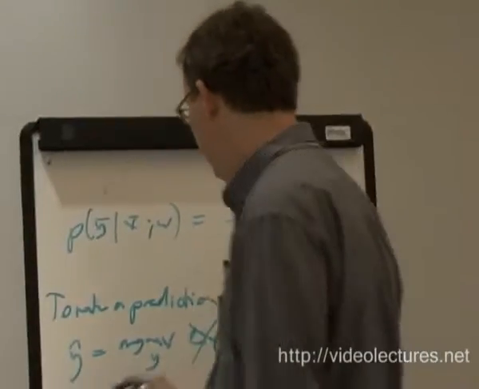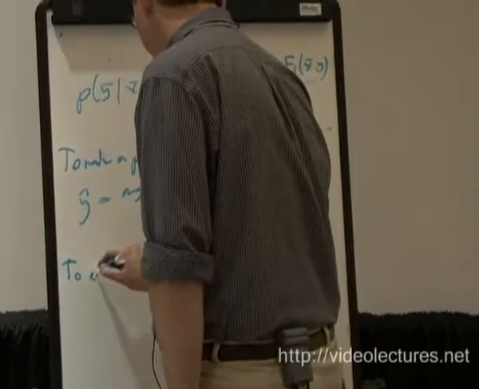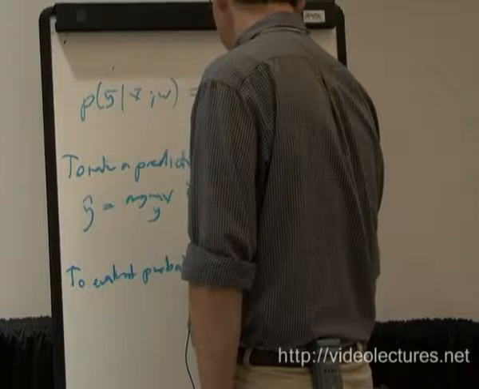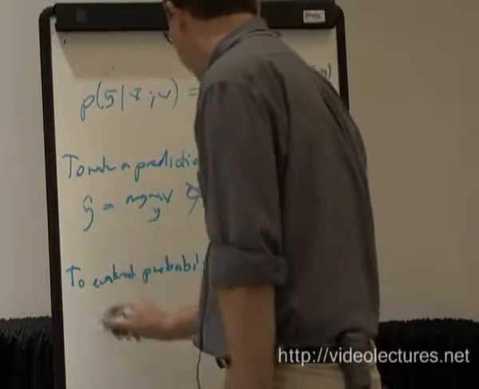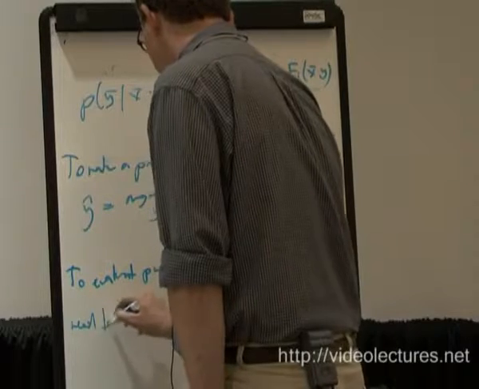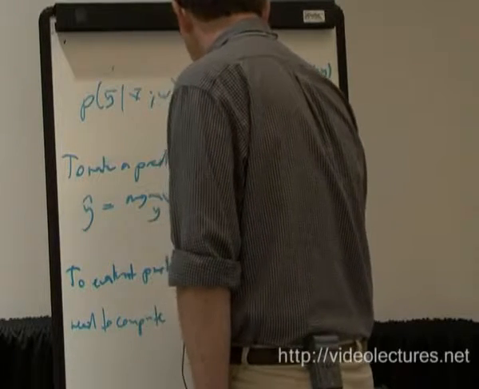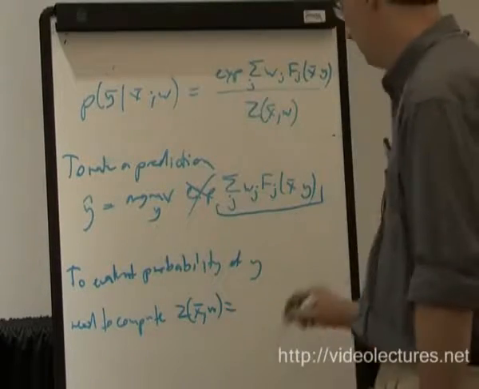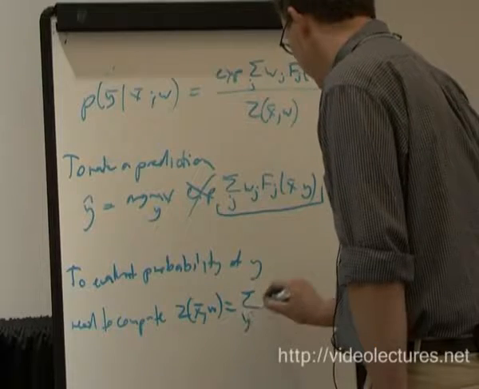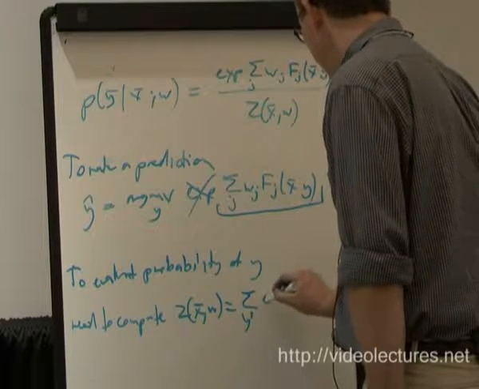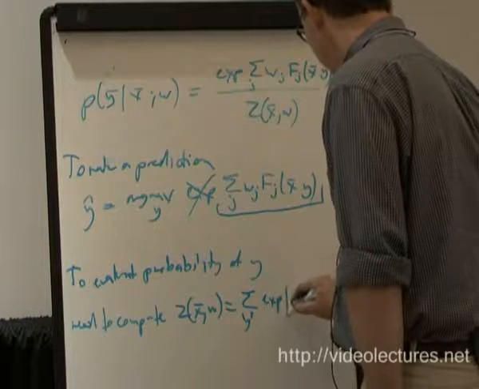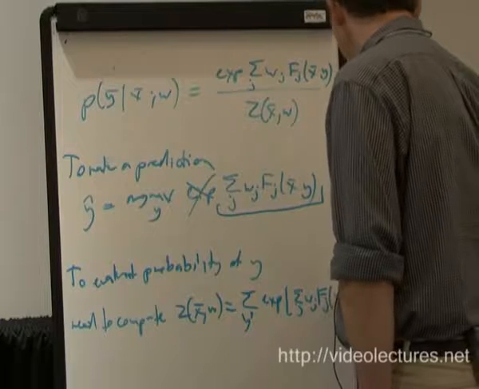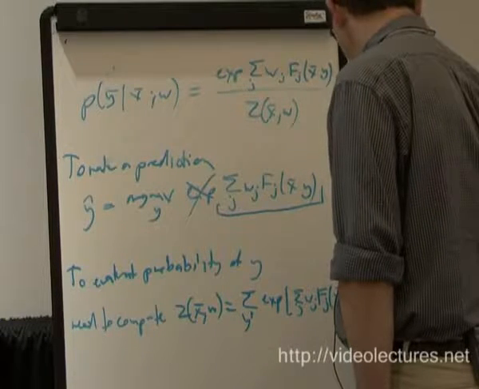The other problem is to evaluate probabilities, the probability of y. I need to compute Z of x bar and w, which is the sum over all y prime of exp of the sum over j of wj fj of x bar y.